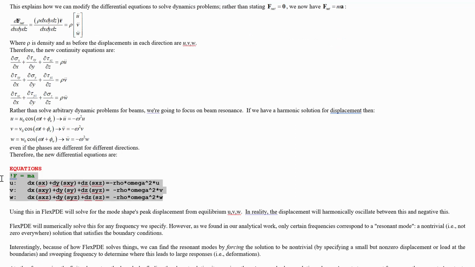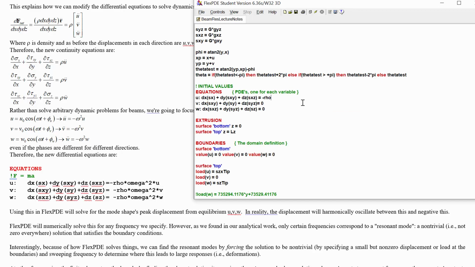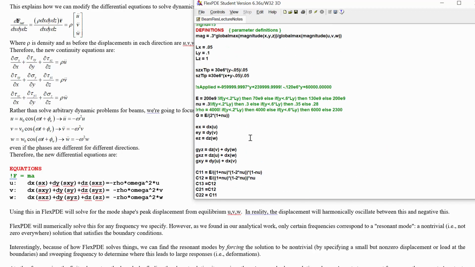So what we need to use for the partial differential equations is not just these things equal 0, but these things equal to negative rho times omega squared times the u's that we had. So we'll change this instead of 0 to negative rho omega squared times u, same thing times v, and same thing times w. We have to put in a density.